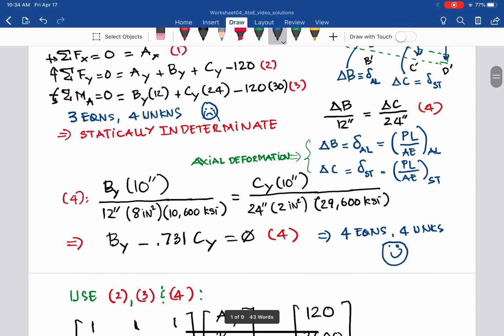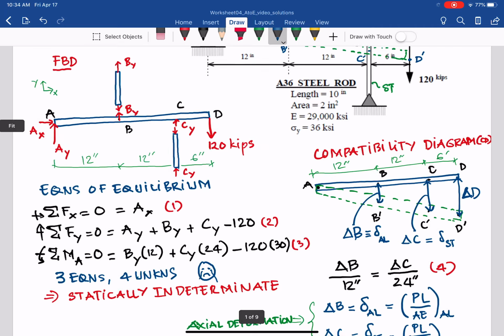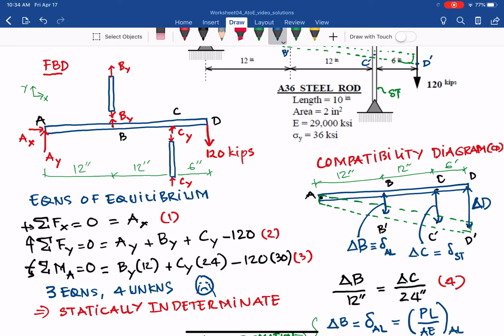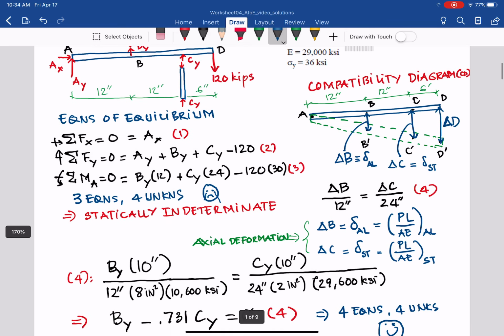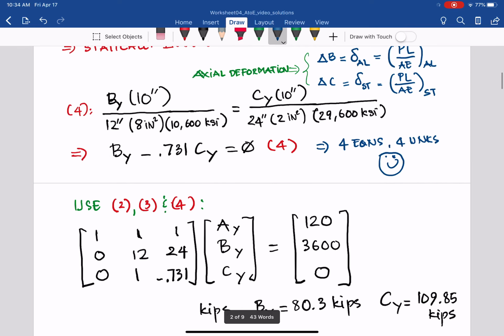As we reasoned before, the aluminum rod is extending in length, and the steel rod will be in compression because it is trying to contract the length of that rod.